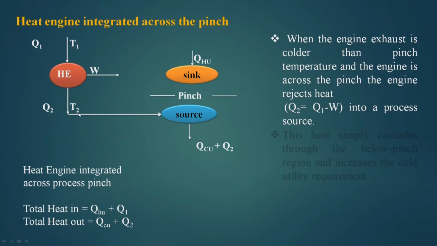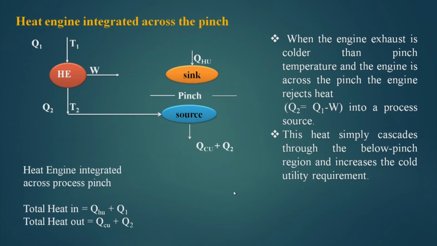So, it is rejecting Q2 amount of heat into this process, which is below the pinch. This heat simply cascades through the below-pinch region and increases the cold utility requirement. So, it has increased the cold utility requirement.